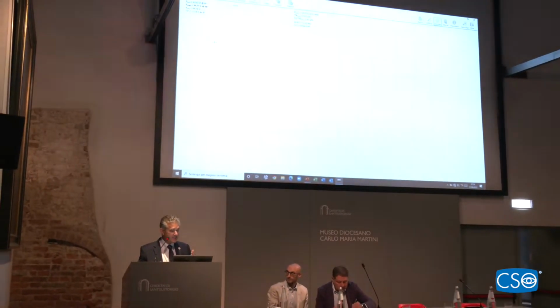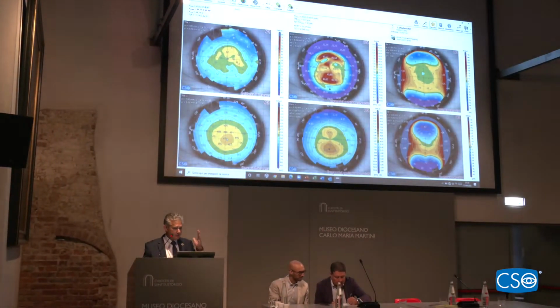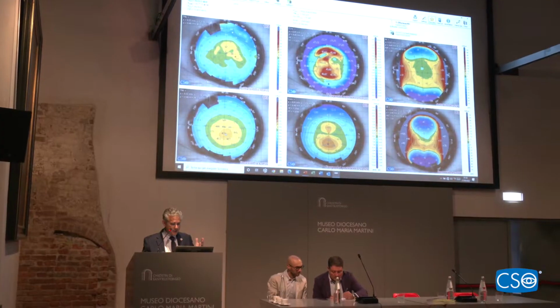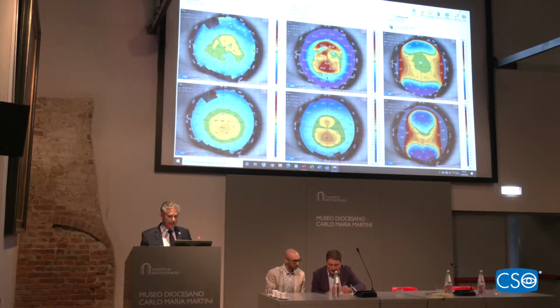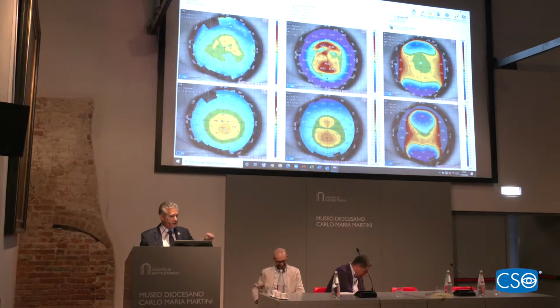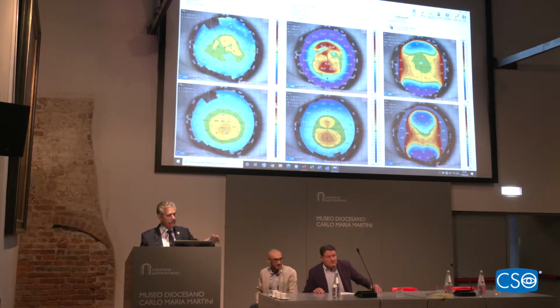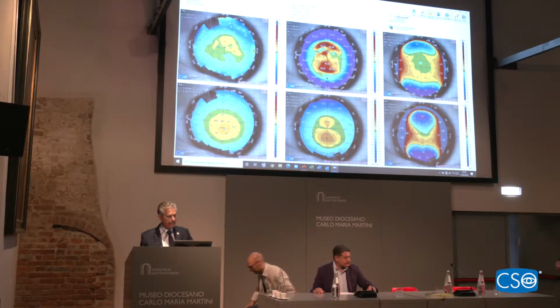The London Vision Clinic 6 map is epithelium, tangential anterior, tangential posterior, anterior best fit sphere, posterior best fit sphere, and here we have stromal thickness map. Okay, so if you want the corneal thickness, you have to go to the 4 map.